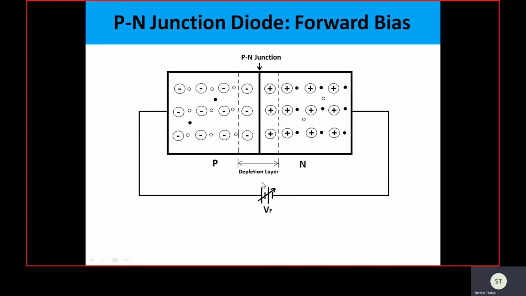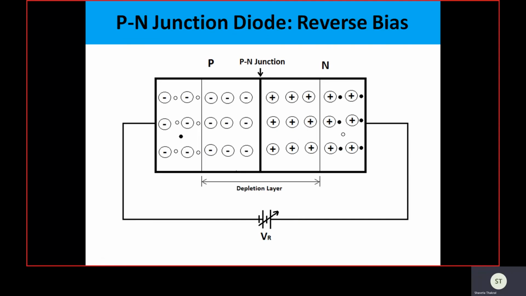So if we apply a voltage greater than 0.7 volt, then this barrier breaks down, and after that a significant amount of current starts to flow. Before this cut-in voltage, no current flows through the junction because of the depletion layer existing at the junction. So this is the case of the forward biased PN junction diode.